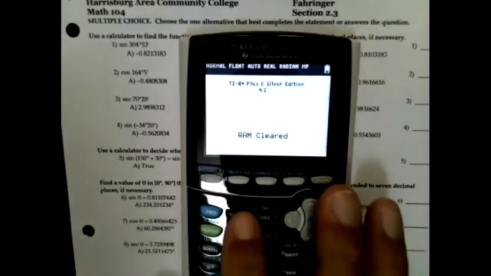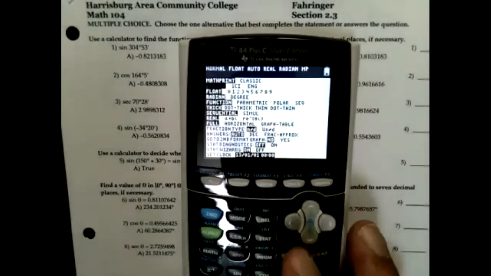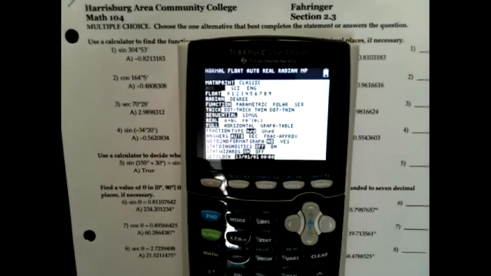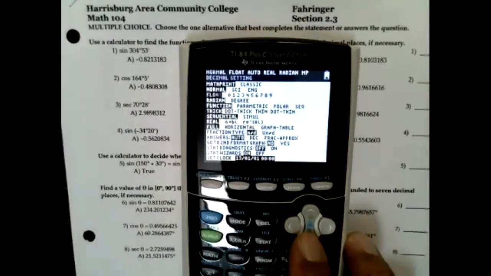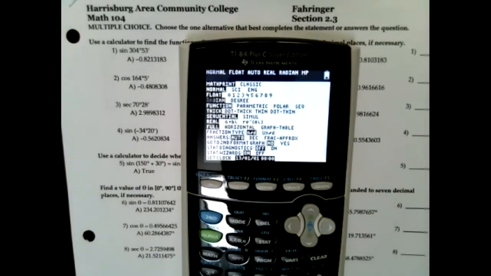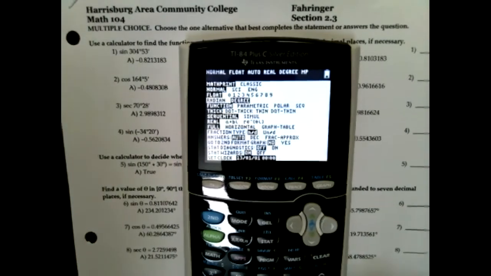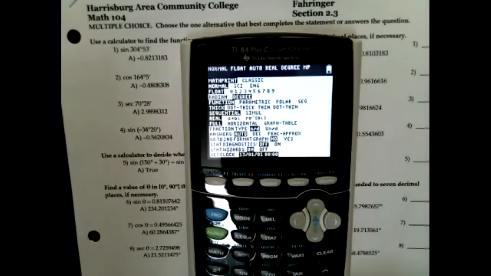One of the buttons I'm going to hit is mode to get this party started. The reason I hit mode is because when I find the sine and so forth, I need to make sure I'm in degree mode. Okay, I'm in degree mode. We'll talk later about radian mode and some things like that, but that's where I want to make sure I am to start.